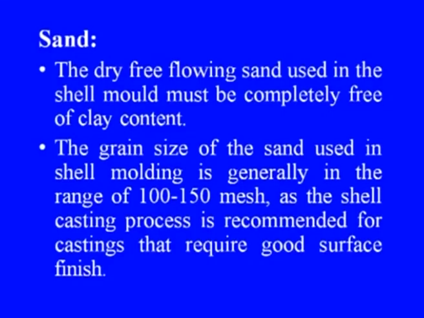Let us see the type of sand. The dry free flowing sand used in the cell mold must be completely free of clay content. The grain size of the sand used in the cell molding is generally in the range of 100 to 150 mesh size, as the cell casting process is recommended for castings that require good surface finish.